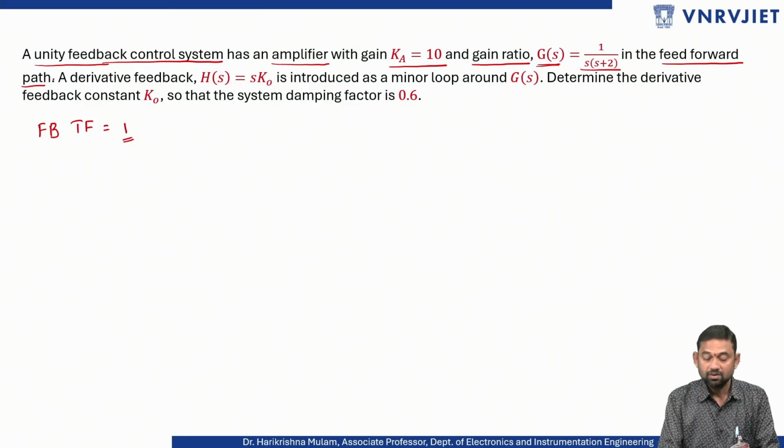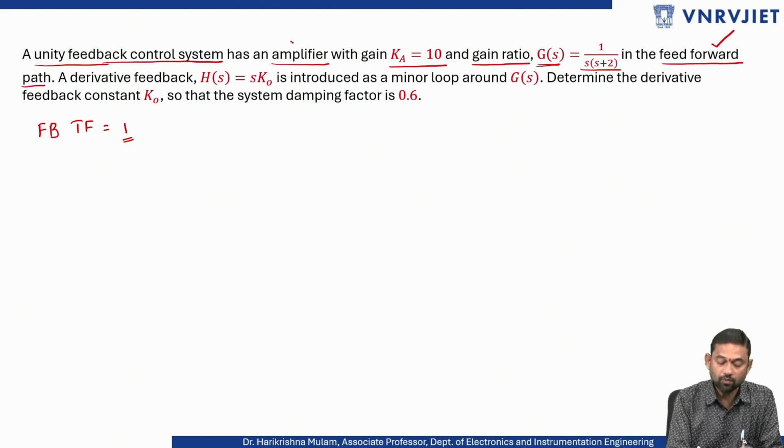So, for this unity feedback system, in the forward path, we have two blocks. One is an amplifier and the other is a system with a gain ratio of G of S. Therefore, let us draw the block diagram of this system.